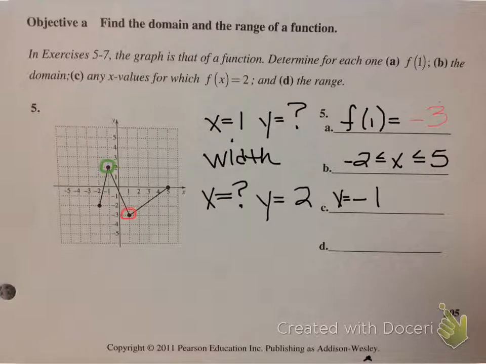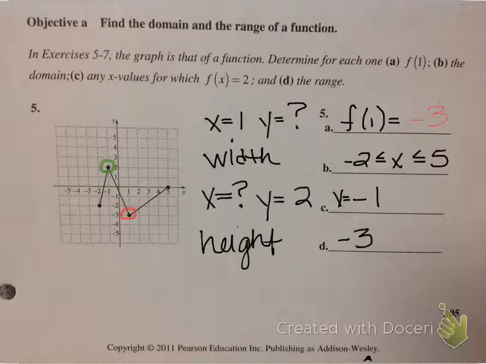And finally, D, the range. Now, if the domain is the width, then the range has to be the height, or how tall, or the length, or however you want to think of that. I usually think of it in terms of height. So the lowest my graph appears to go on the y-axis is -3.